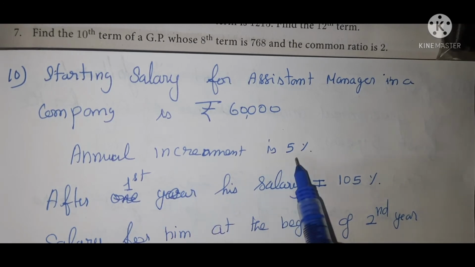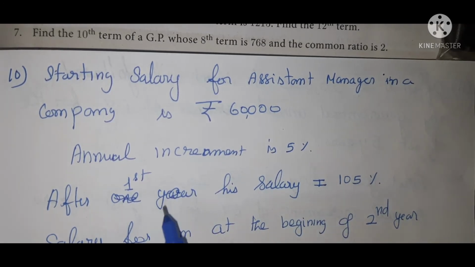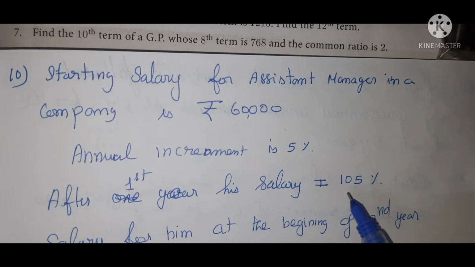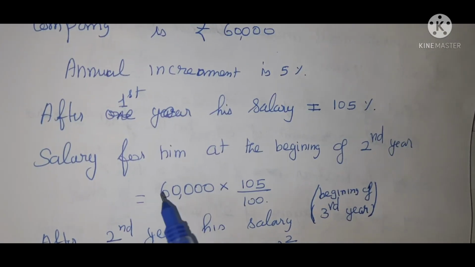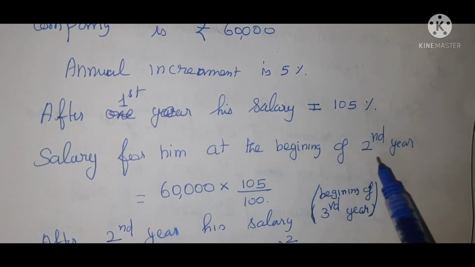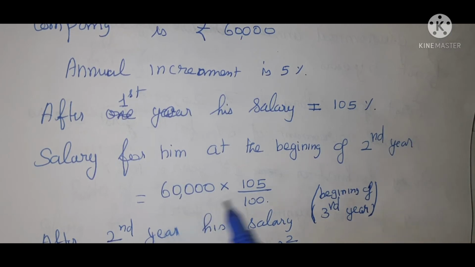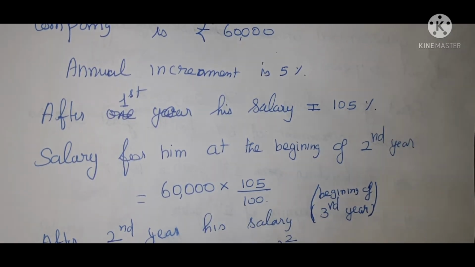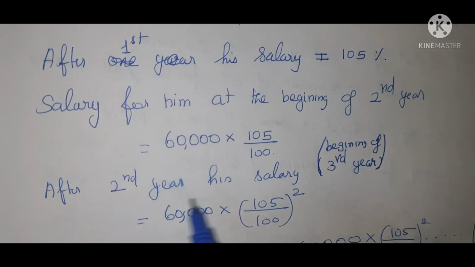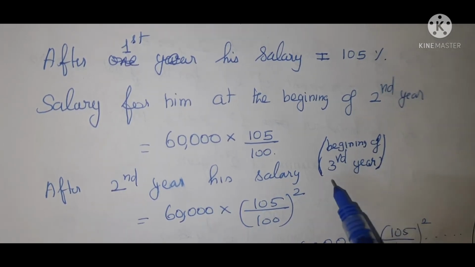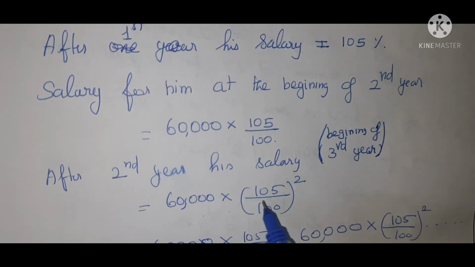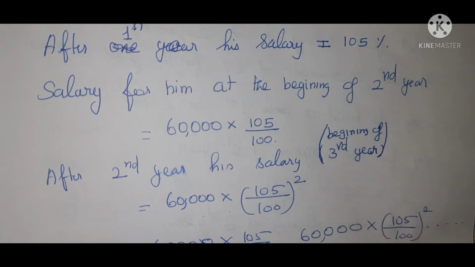Annual increment is 5%. After the first year, his salary is 105%. Salary at the beginning of the second year is 60,000 into 105 by 100. At the beginning of the third year, it is 60,000 into 105 by 100 the whole square.